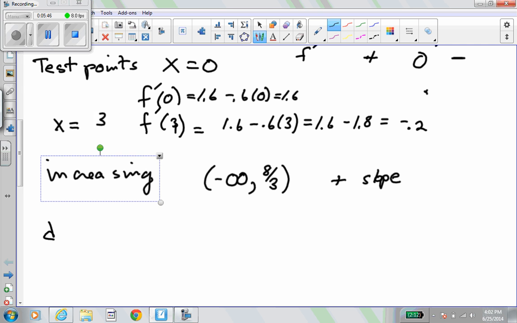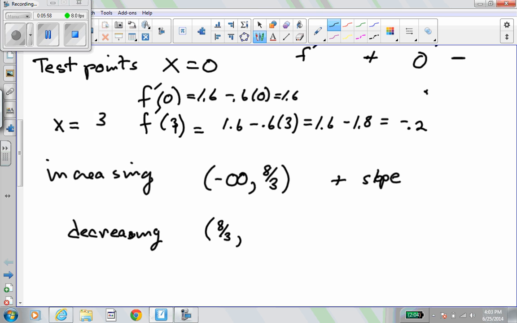Whereas the interval over which it is decreasing is going to be from 8/3 on, to plus infinity. If you plug in numbers on that interval, you will get a negative number for your first derivative, which means you have a negative slope.